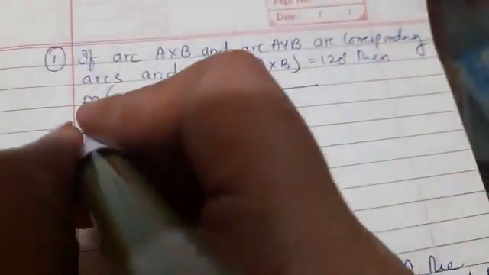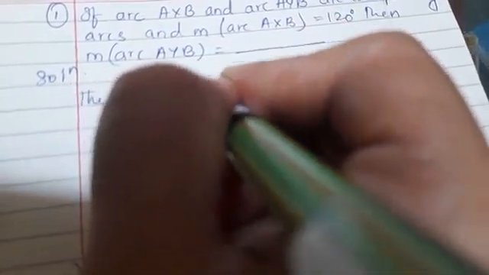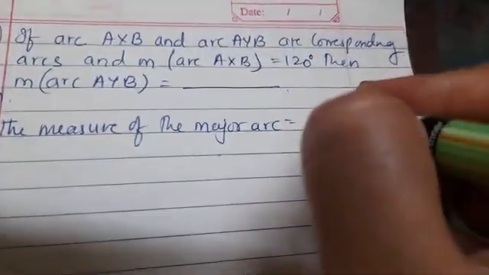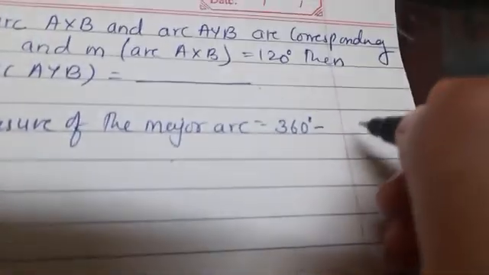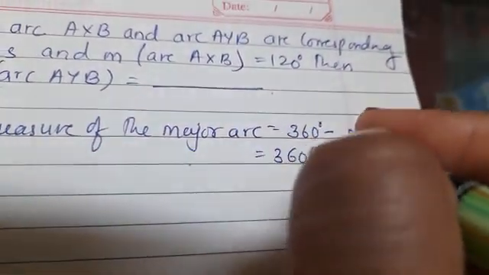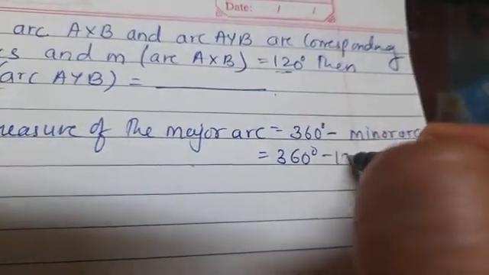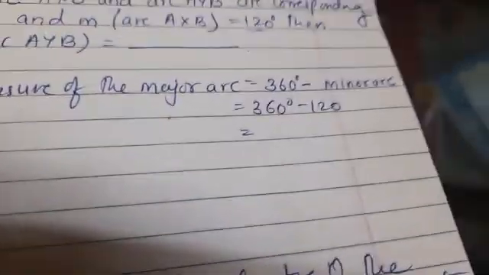We write the solution: the measure of the major arc is equal to 360 degrees minus the minor arc. The minor arc is 120 degrees, so minus 120. What answer do I get after 360 minus 120? It is 240 degrees.